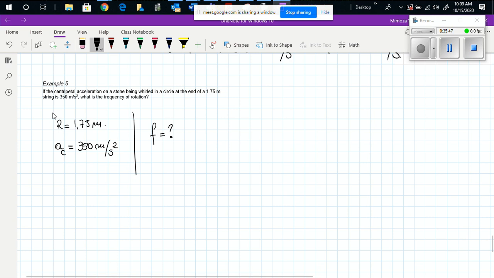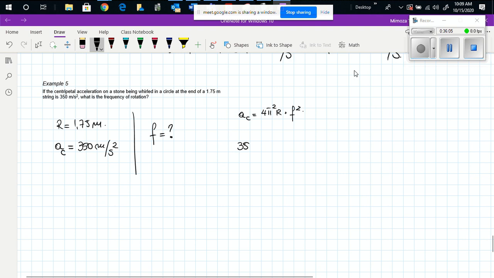So find out which formula we are using, and then let me know in the chat. This is the formula that we will use, because it connects what is given with what we are looking for.